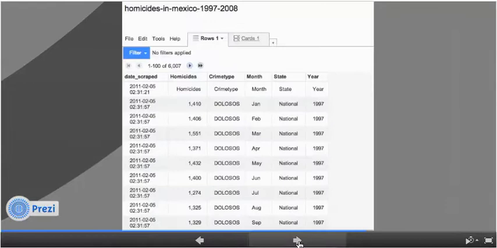This next data set, I also found on Google Public Data, and it represents the number of homicides that have occurred and where in Mexico. My purpose of integrating this data set was to see if there's a correlation between homicides and poverty. I will next conduct a random selection with this data, which I will program through Spreadsheet Mapper 3.0.